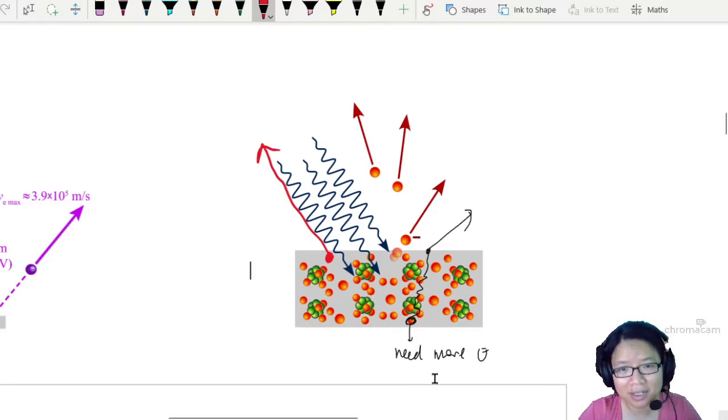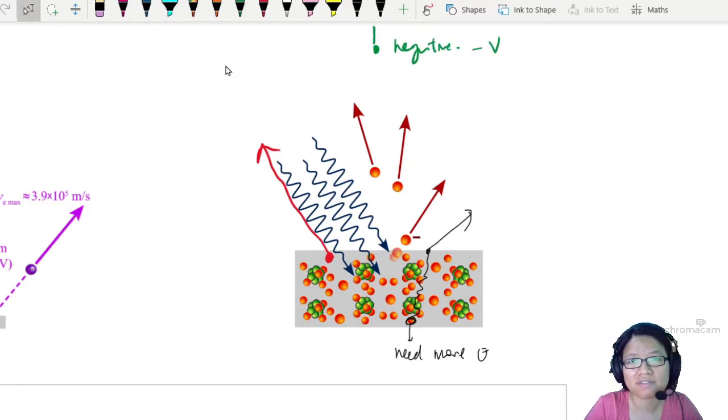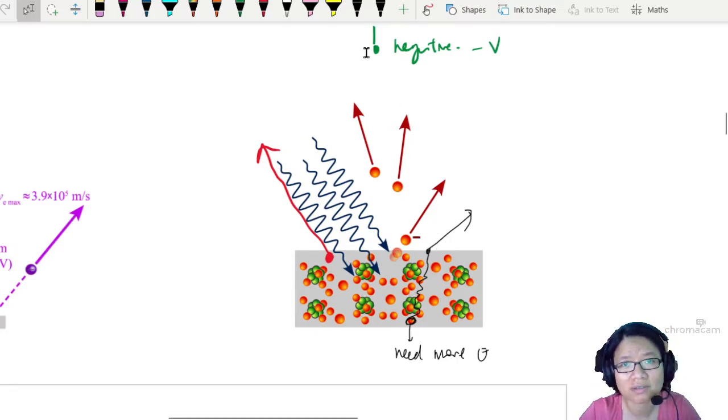So this black electron needs enough energy to travel out to the metal surface, leaving it less kinetic energy. So if I now make it even harder, I set up a negative anode here, so this anode is negative V, then it's even harder for this one to go here.